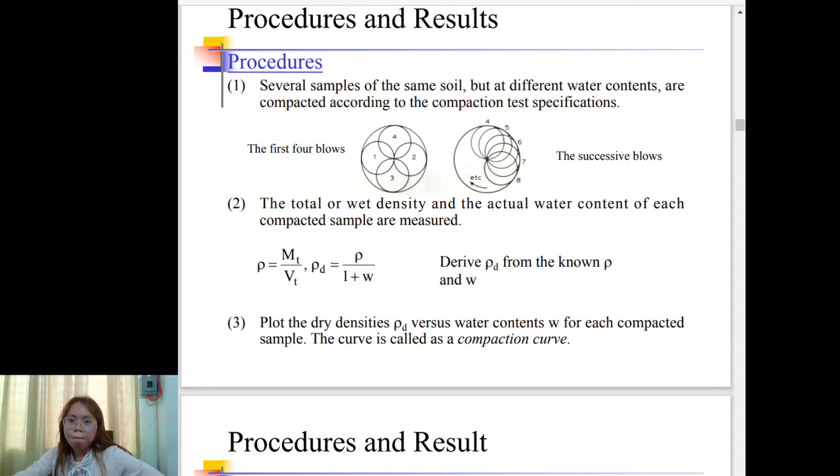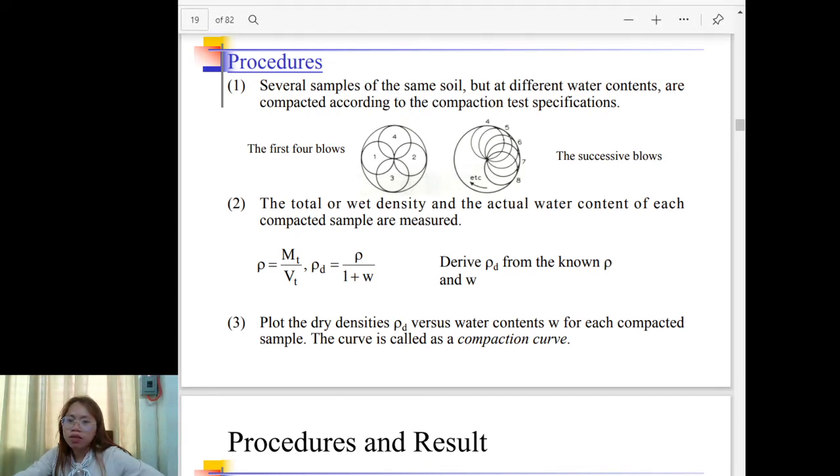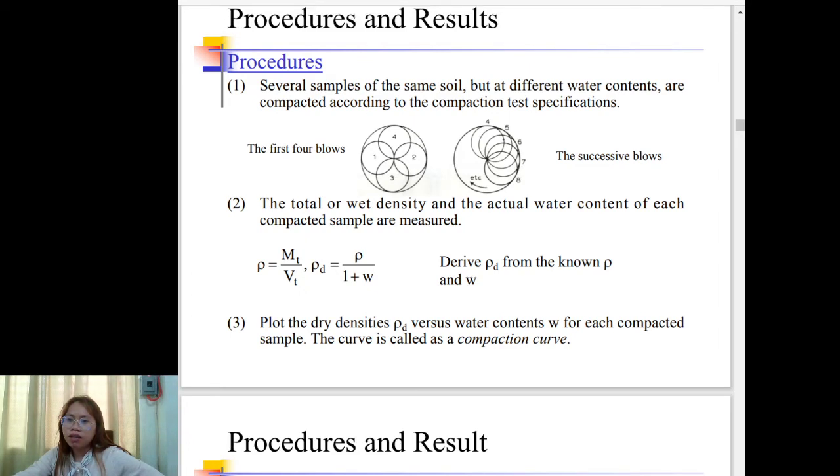So for the procedures and results, several samples of the same soil but at different water contents are compacted according to the compaction test specification. So this is the first 4 blows. So kung katong standard Proctor test, the number of blows per layer, example kung imong mold is 4 inches, only 25.